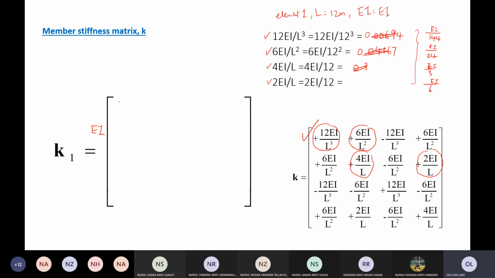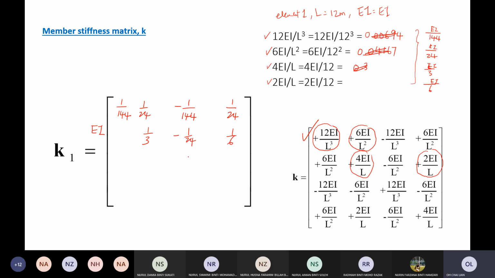So now 12 EI is 1 over 144, then 6 EI is 1 over 24. Oops, this is just too big for me. Then 4 EI is 1 over 3, negative 1 over 24, and 2 EI is 1 over 6.